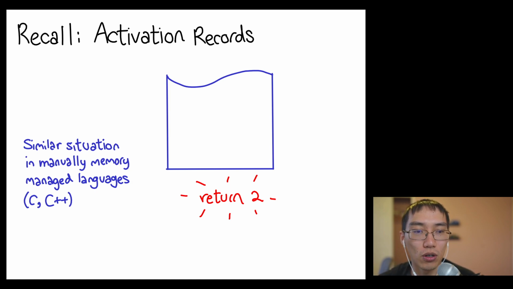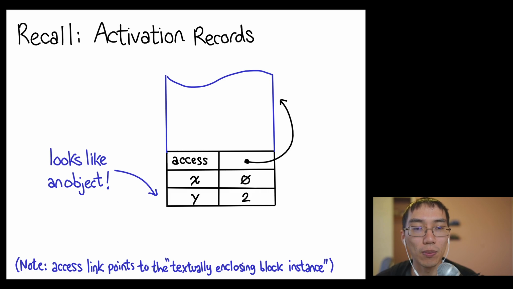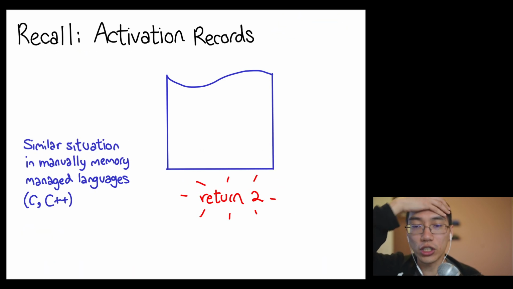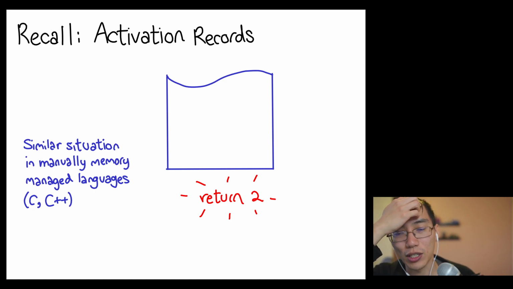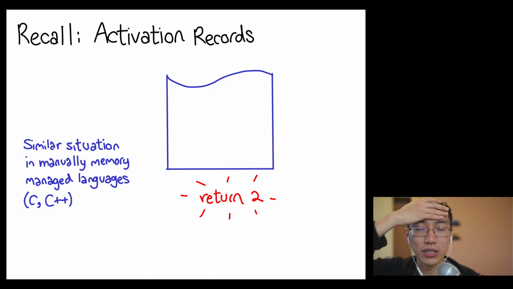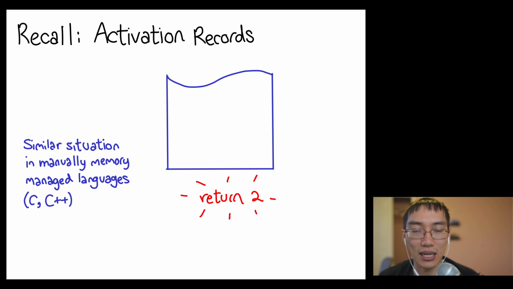The only problem is that in the traditional formulation of activation records, when you return from a function, we just remove the stack frame. We just go back up the stack, and that stack frame poofs into the void. And if you were in C or C++, this is exactly what would happen.